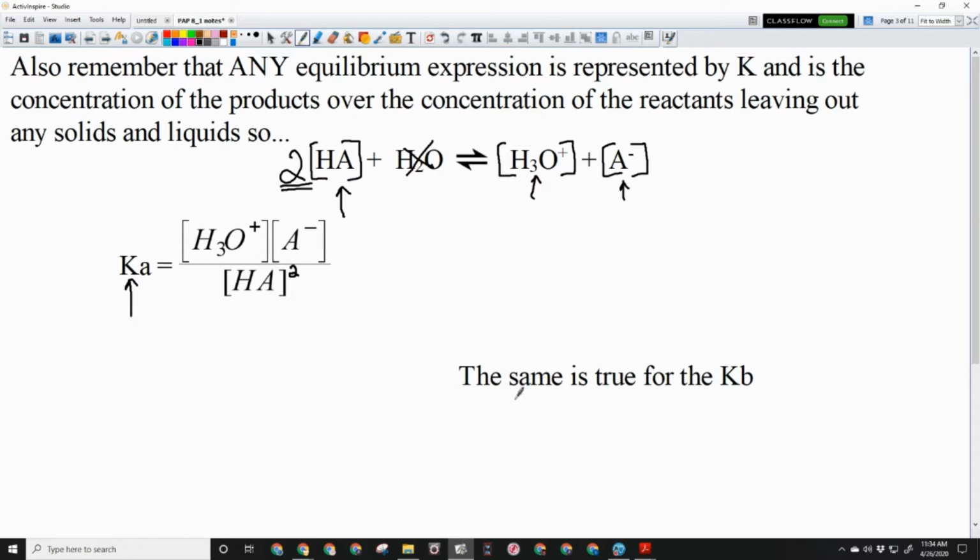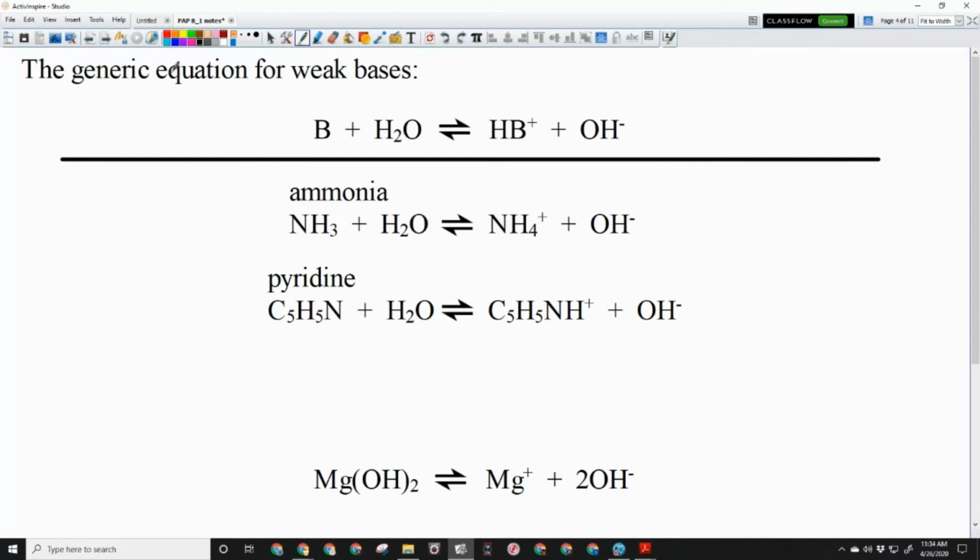Now this very exact same thing is going to be true for bases. Bases have a generic equation. Here you have your base plus the water. Now what happens is one of these hydrogens from the water is going to bond to the base. So that's why we have HB. It's a hydrogen bonded to this base. Normally, this hydrogen is going to come at the end of the base.